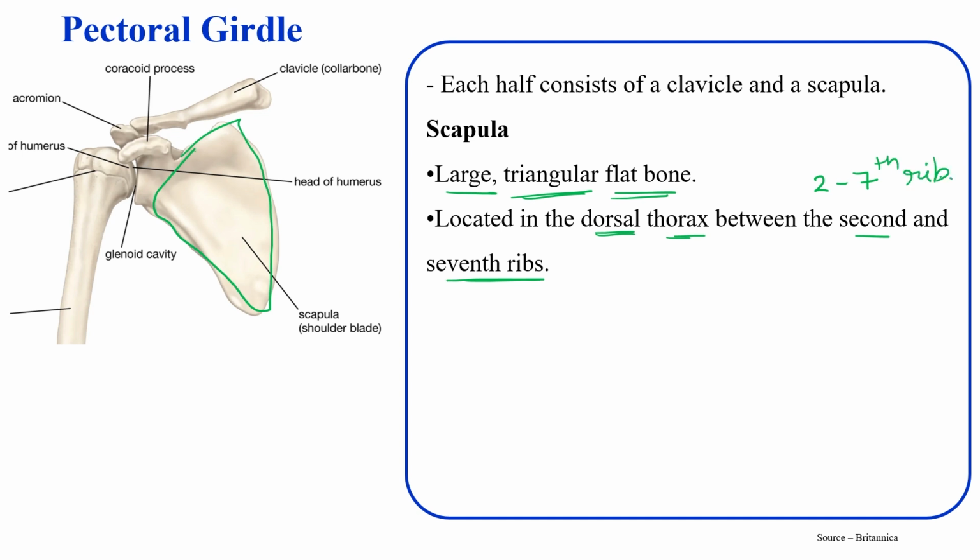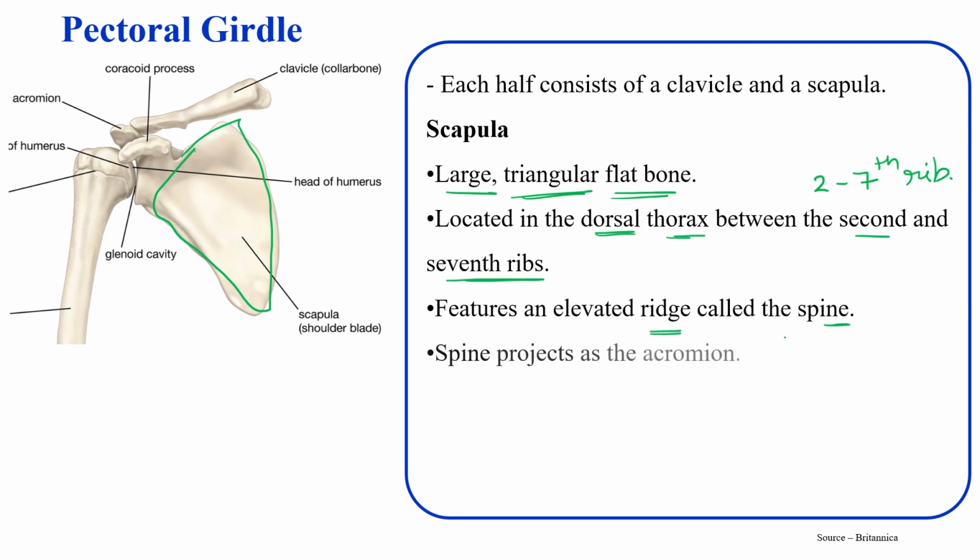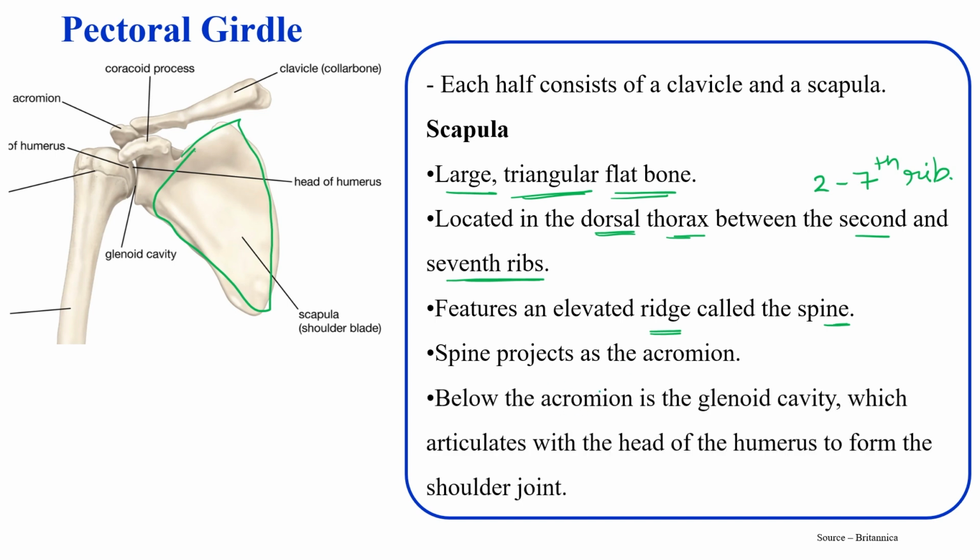It features an elevated ridge called the spine. The spine projects as the acromion. Below this acromion, there is a glenoid cavity. This is the glenoid cavity. This is the acromion.